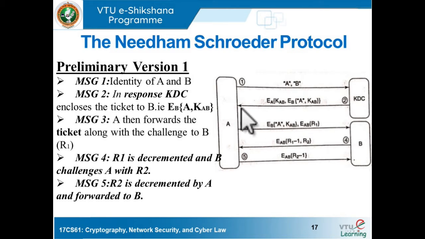Now having understood this, this arrangement of KDC along with its users and providing authentication is susceptible to various types of attacks, which we call replay attack and man in the middle attack. Now what is a replay attack?